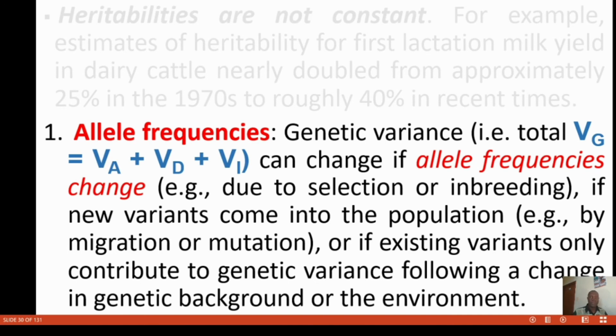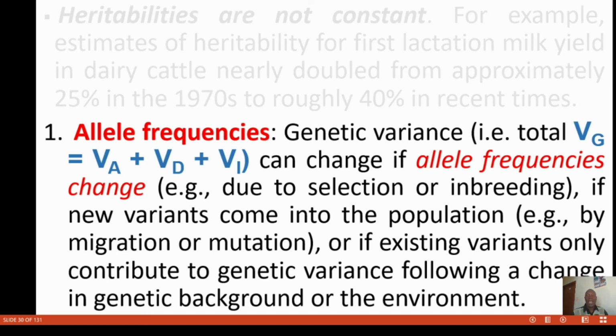Also, allelic frequencies. If we look at the genetic variance, the total VG, with those components, they can change if, in fact, allelic frequencies change. And these allelic frequencies can change due to selection or inbreeding, for example at F2 or F3 or F4.